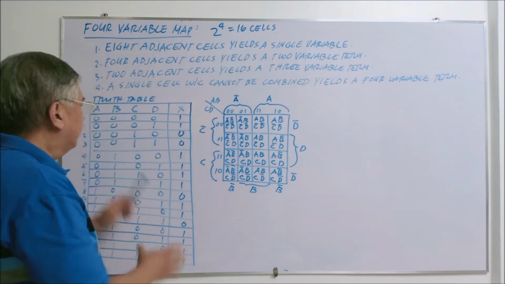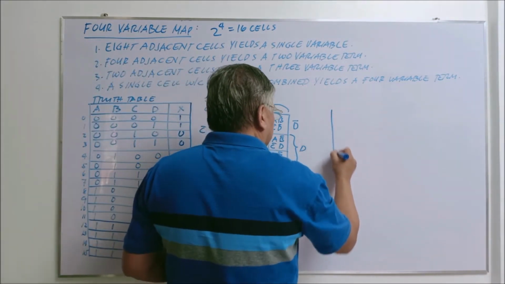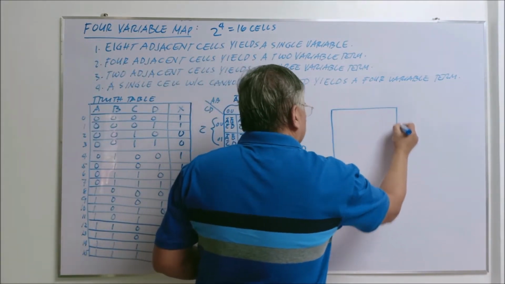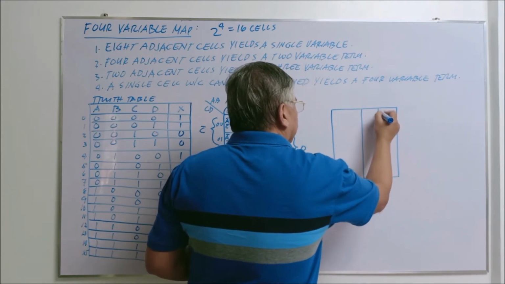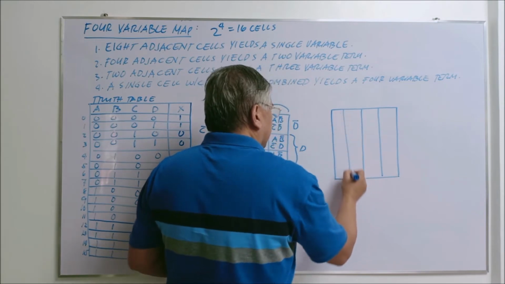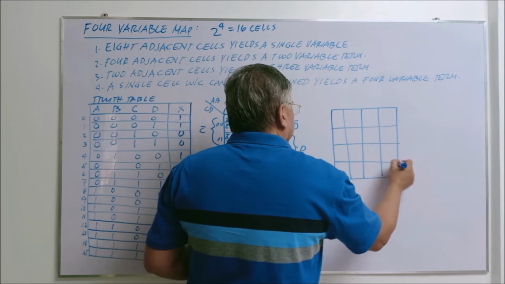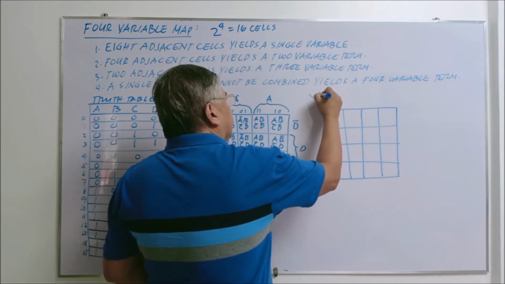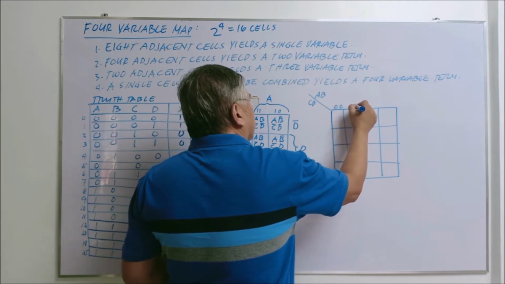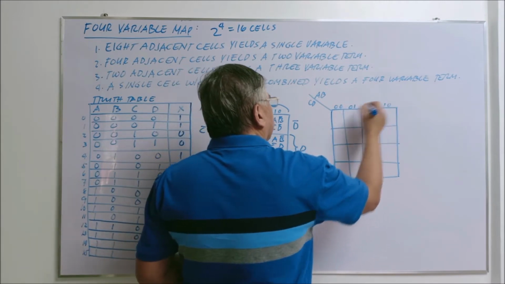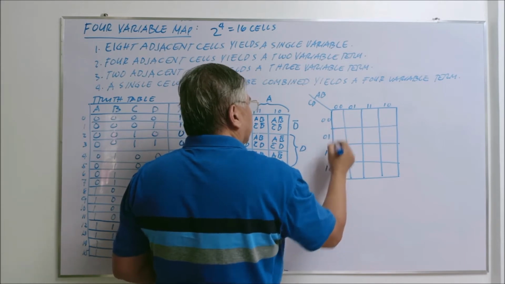Okay? Now, let us find the simplified logical circuit of our table using, of course, the 4-variable map. We know that this one here is A, B, C, D. The values are 0, 0, 0, 1, 1, 1, 1, 0, 0, 0, 0, 1, 1, 1, 1, 0.